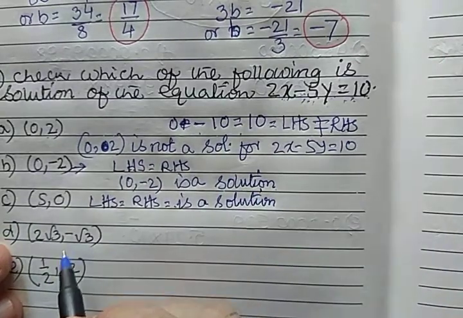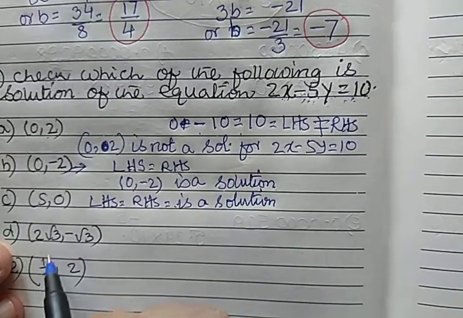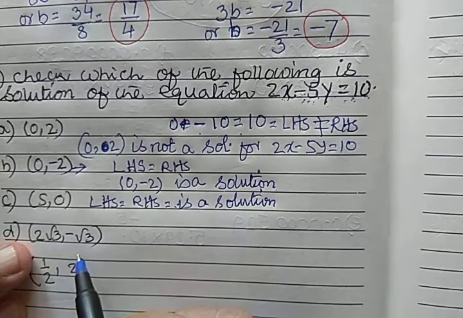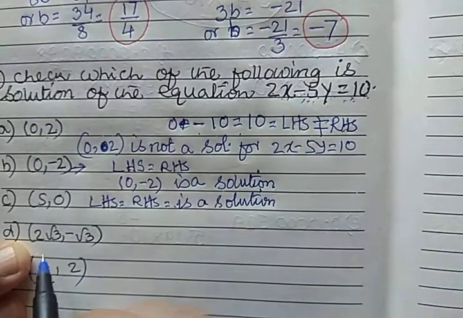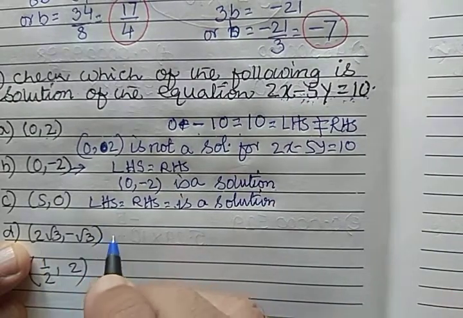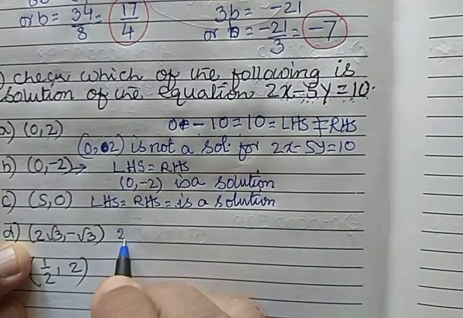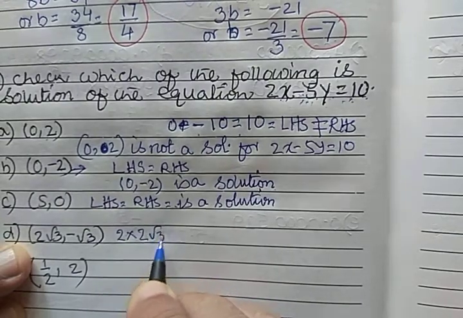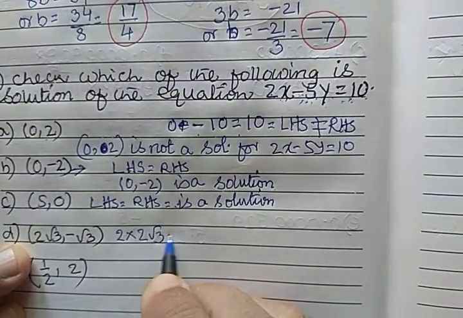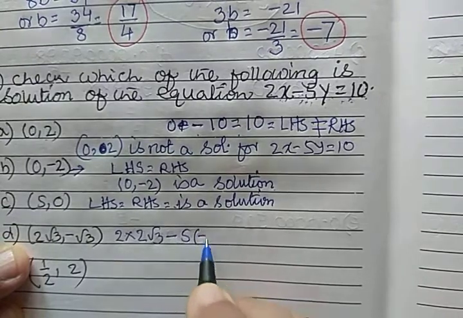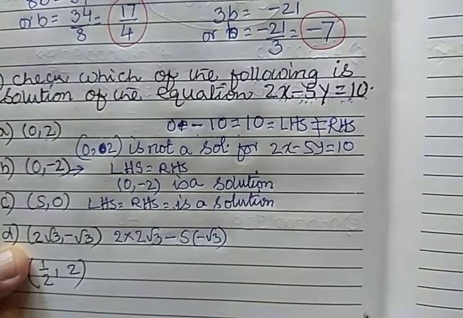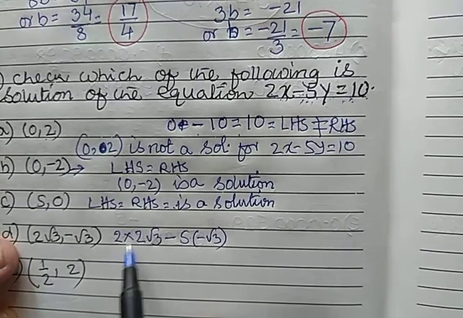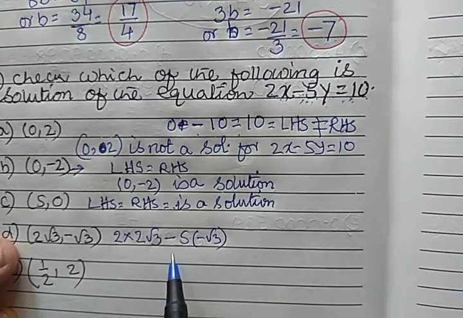So now let us see whether (2√3, -√3) is a solution or not. In place of x, let us replace 2√3. 2 into 2√3, minus 5 into minus √3. 2 into 2√3 is 4√3.